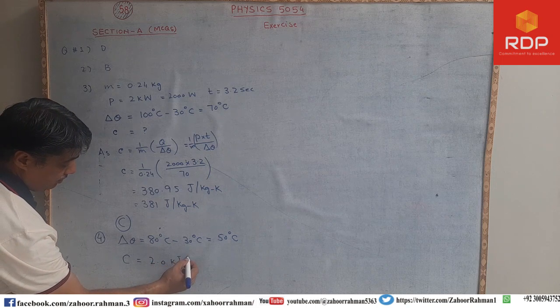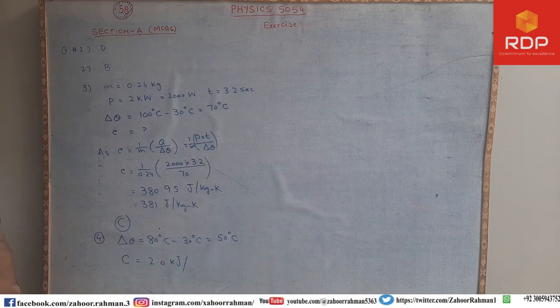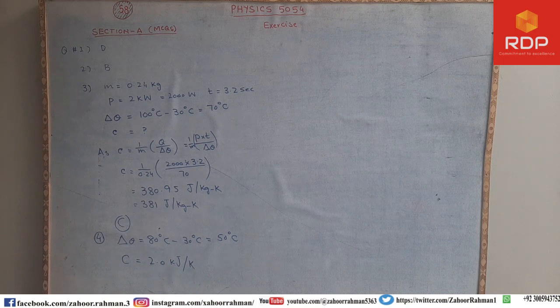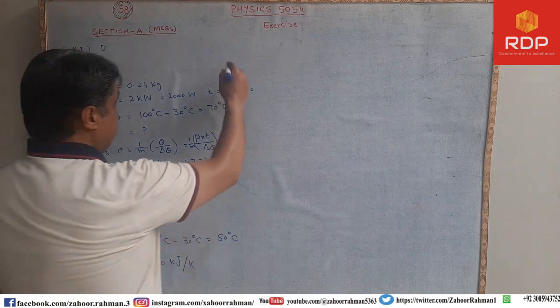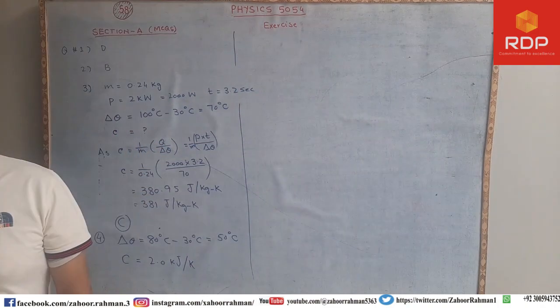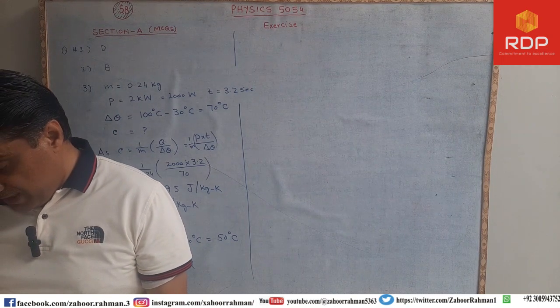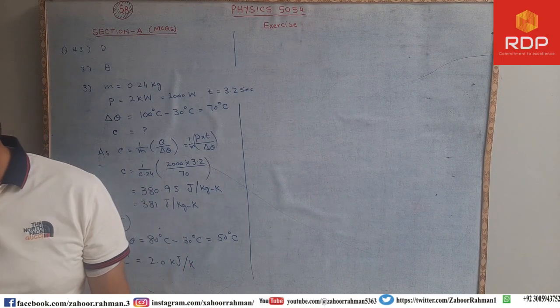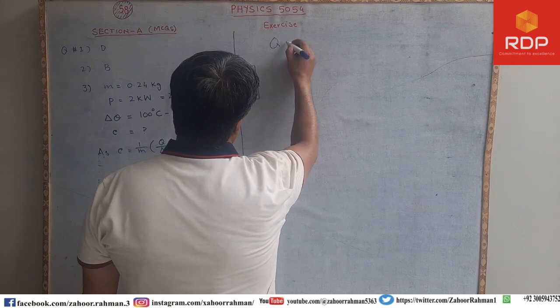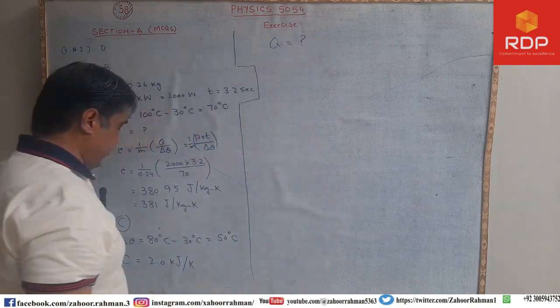From this we can understand that heat capacity per kilogram is not written here. So it means that we are dealing with the heat capacity and not the specific heat capacity. How much heat is released during the cooling? So we have to find the heat.